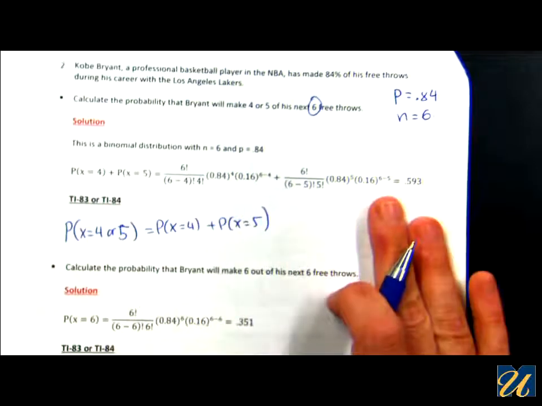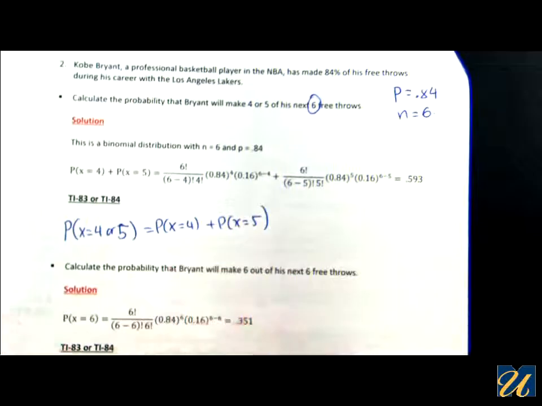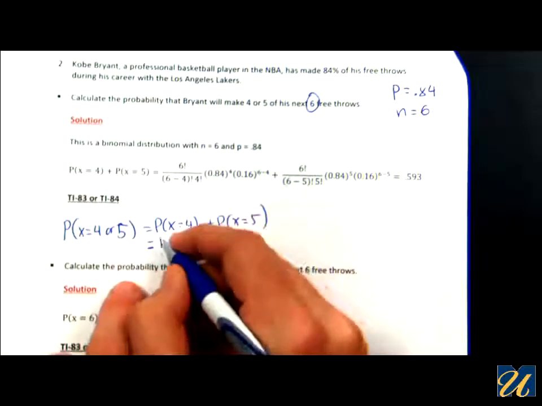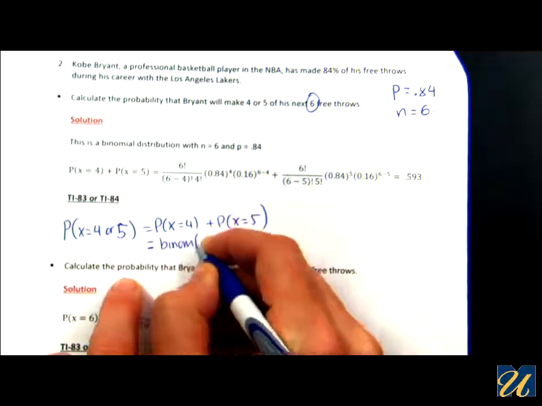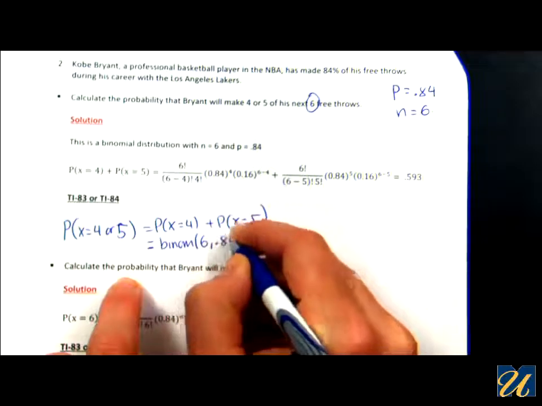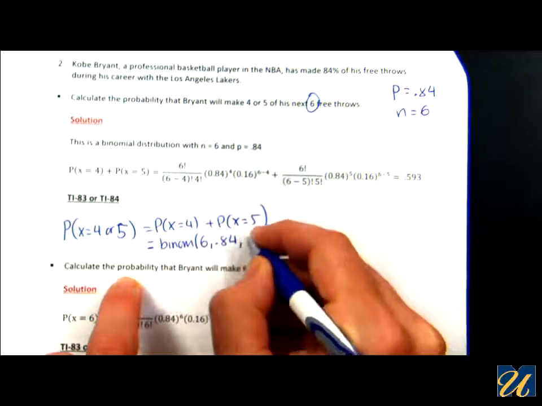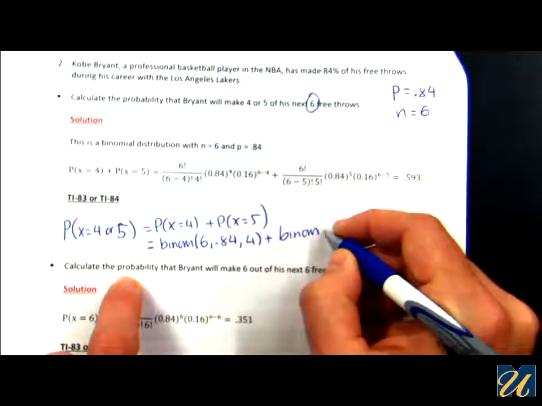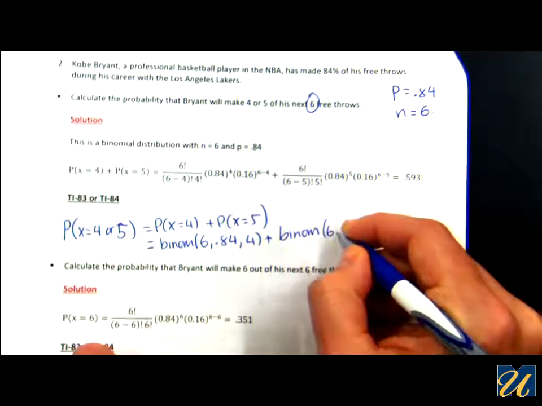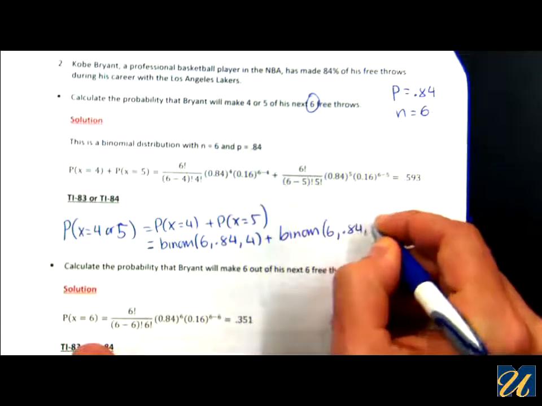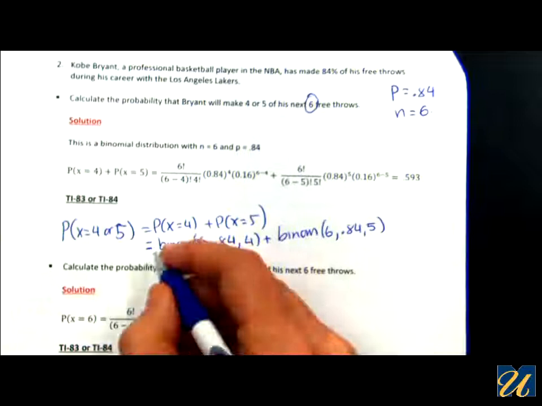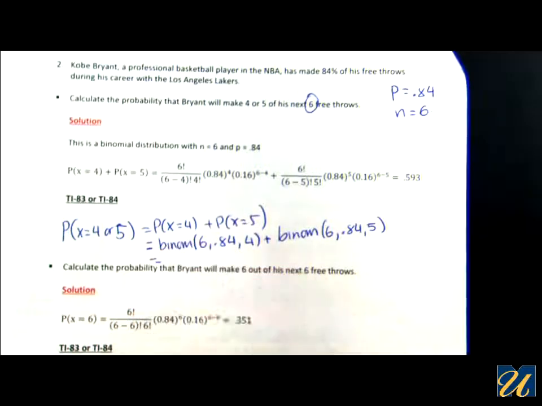If you were to use your graphing calculator, you would do binomial PDF n, comma, p, comma, x plus binomial PDF 6, comma, 0.84, comma, 5. One or the other, we simply add the corresponding probabilities.